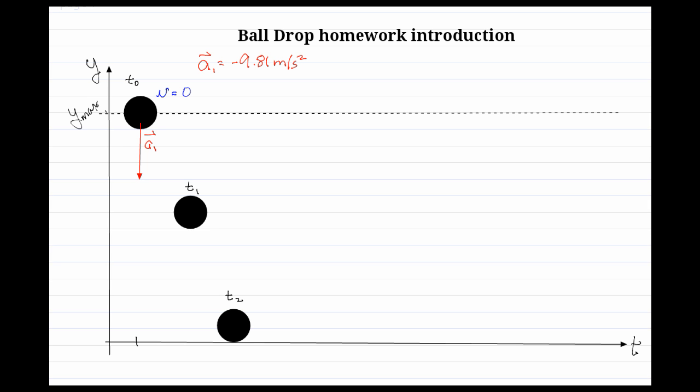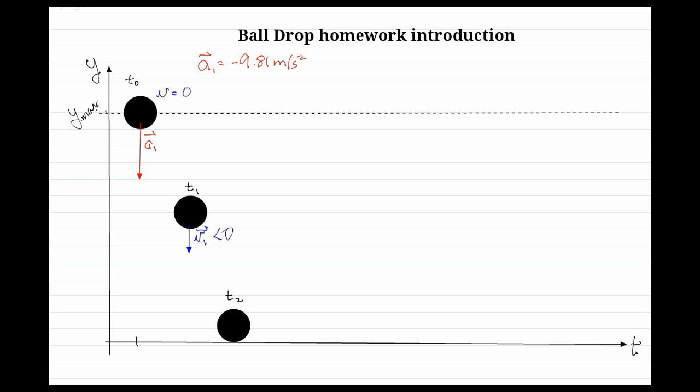Okay, at our next time at T1, what changes? Well, our ball has picked up velocity. So now the ball has a non-zero velocity. We can draw that in blue. So this is our velocity. I'll call it V1. And we know V1 is going to be a number less than 0. This is because the object is falling downwards.